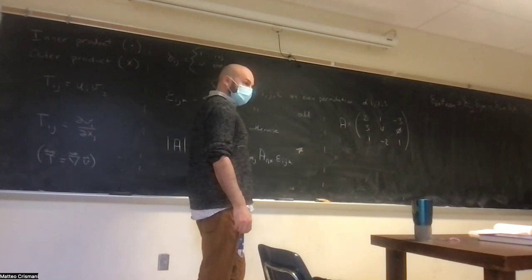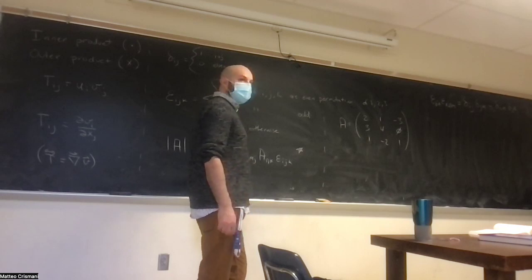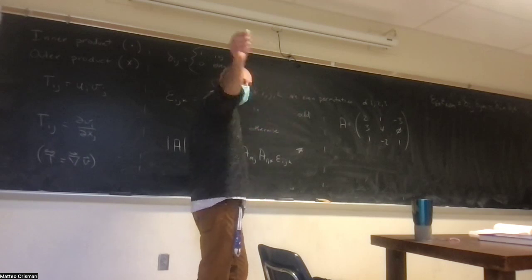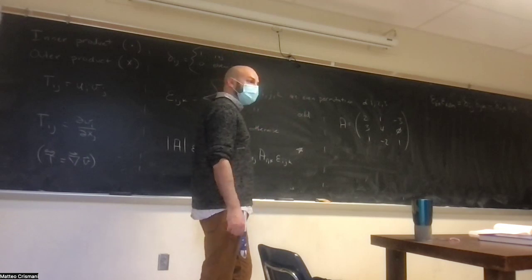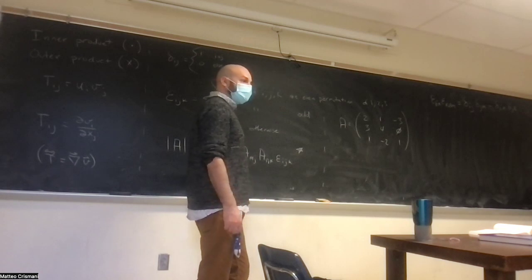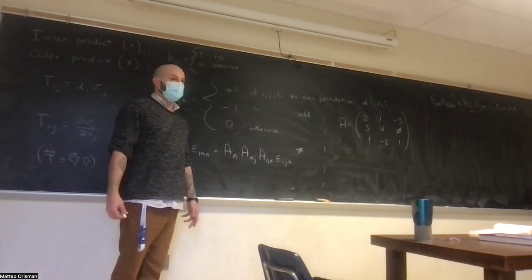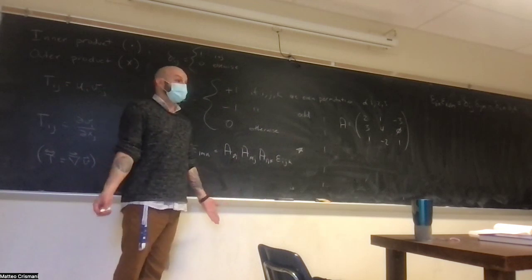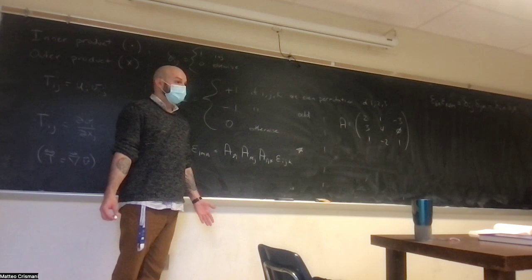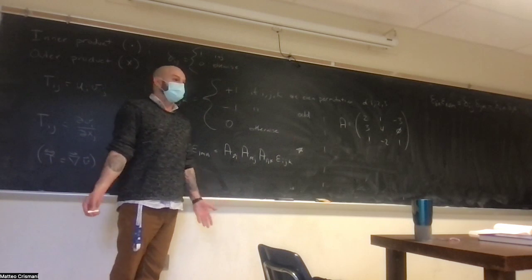Well, remember that the order here doesn't tell you how many to sum over, because L is the length of the array. So how big is the array? 3 by 3. So what would you sum over? 3. You have to sum over 3, because otherwise it's not a full sum.